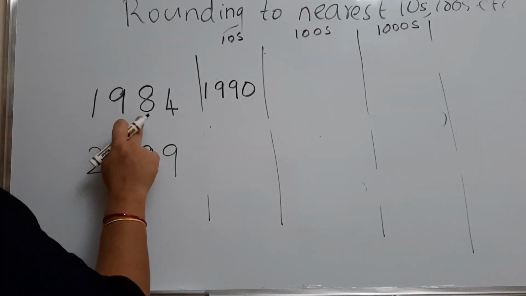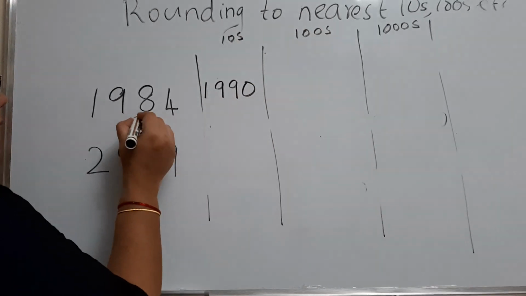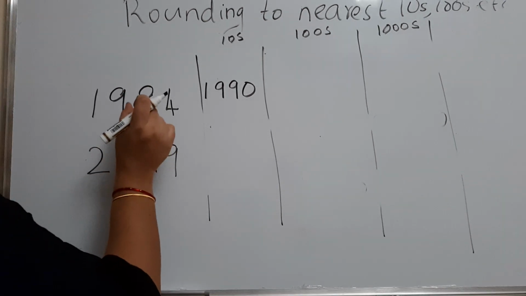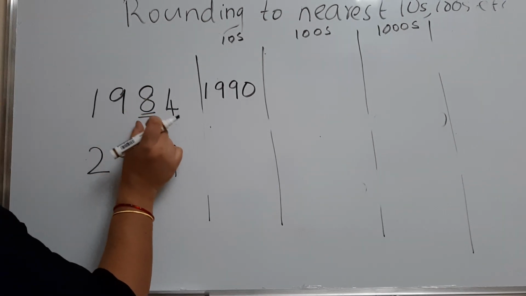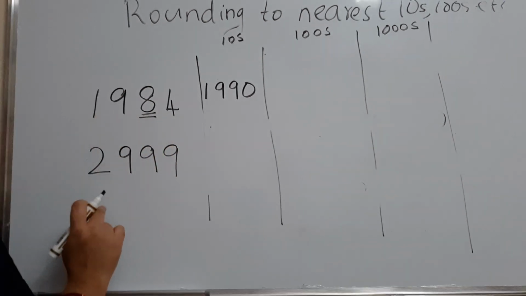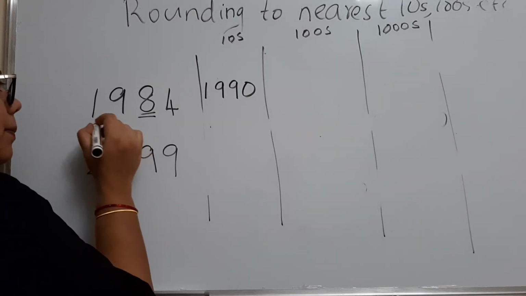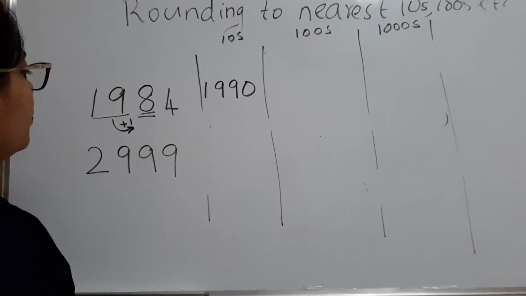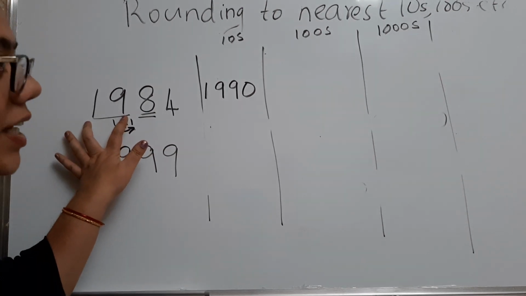Now rounding to nearest hundreds, you want to check what place? Tens place. Since it is greater than 5, this number plus 1 you want to do. So what is this number? 19.